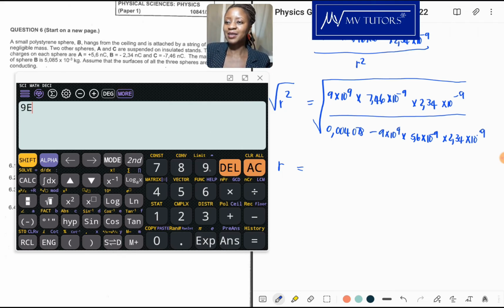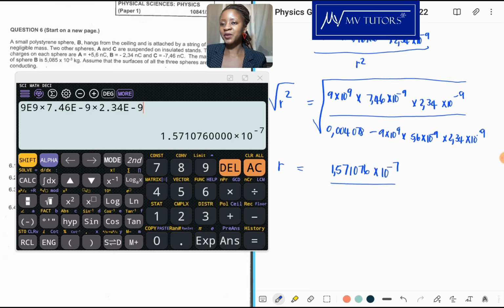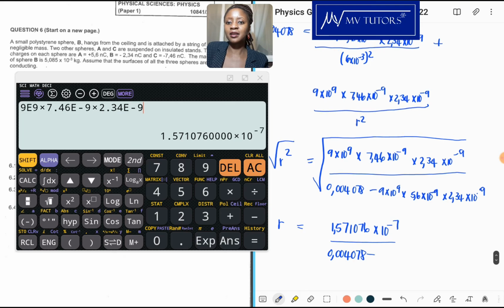9 times 10 to the 9 times 7,46 times 10 to the negative 9 times 2,34 times 10 to the negative 9. So we get 1,57, 1076 times 10 to the negative 7 all over, okay, let me see.